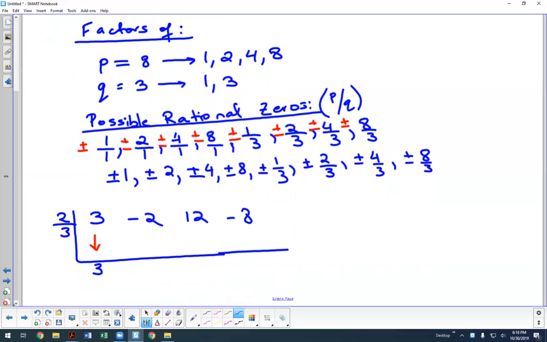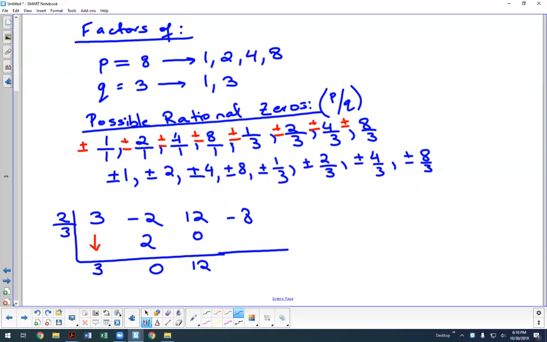And 2/3 times 3 is 2. Very good. -2 plus 2, of course, will give us 0. 0 times 2/3 is also 0. Now, when I add 0 plus 12, I get 12. 12 times 2/3.